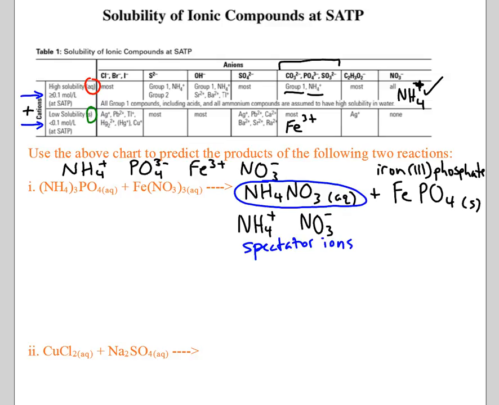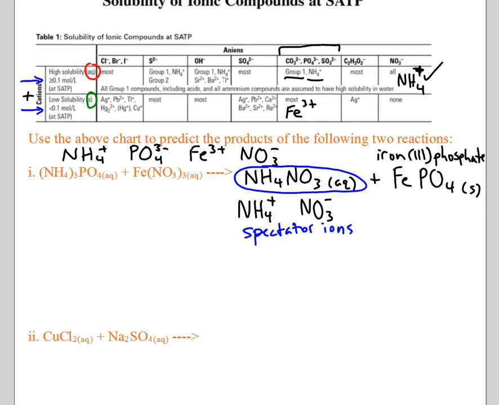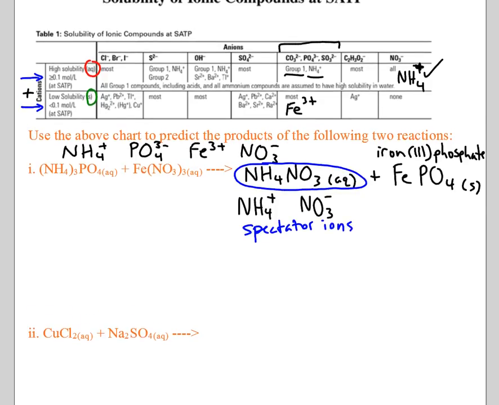react together. Let's look at copper 2 chloride and sodium sulfate. Again, sodium sulfate is aqueous because sulfate over here has high solubility for most cations. Sodium is in that category because it's not listed below.